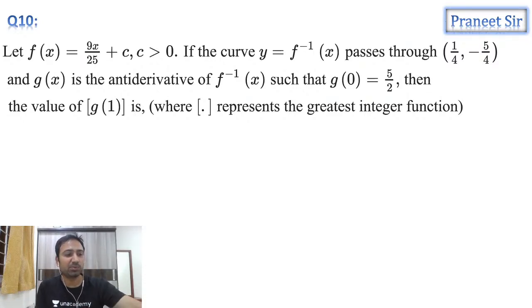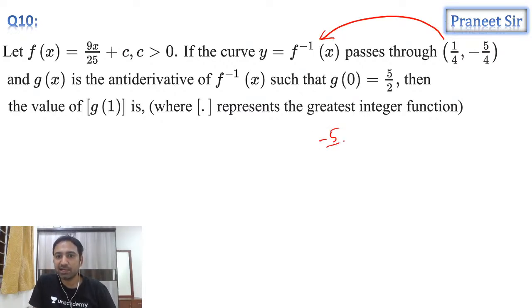So guys, tell me now. Can I say that this particular point satisfies this curve? That means minus 5 by 4 is equal to f inverse of 1 by 4.